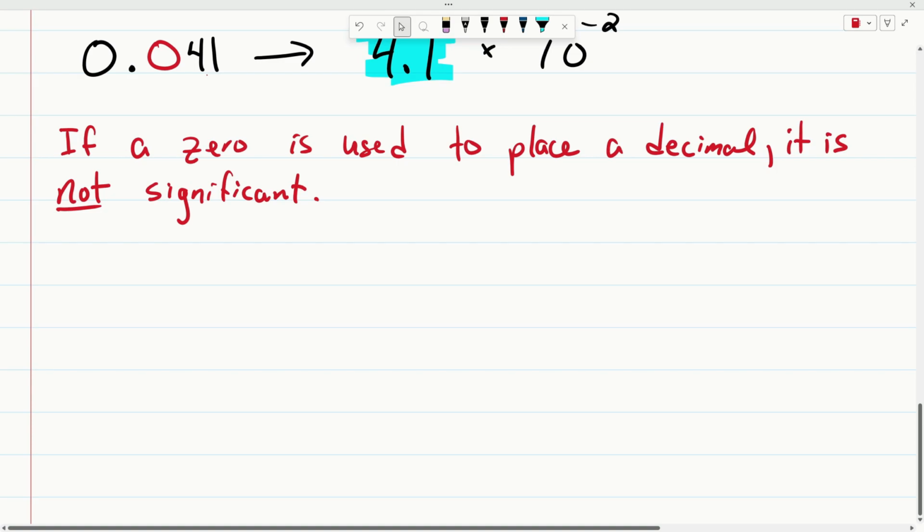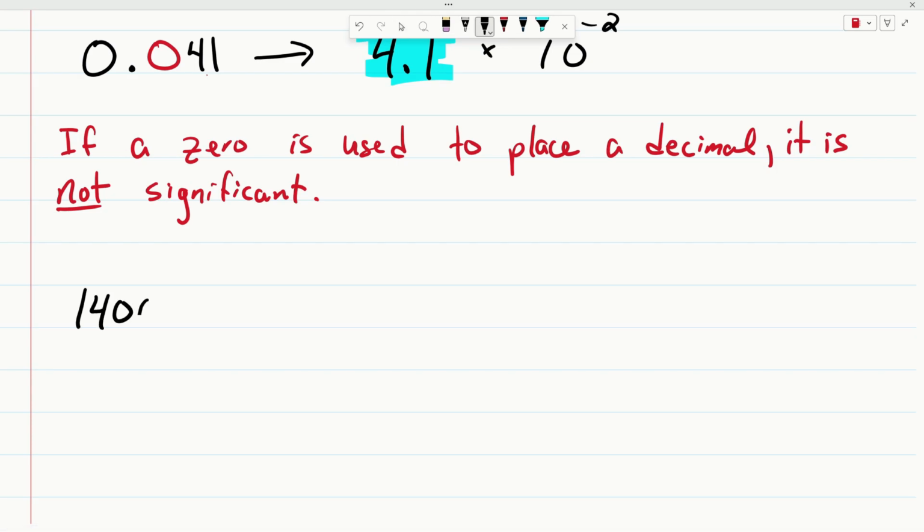Now, over here, with this example, let's say 1400. Once again, these 2 zeros are used to place a decimal. The decimal on this number is on the far right. So, how many significant digits? 2 significant digits.